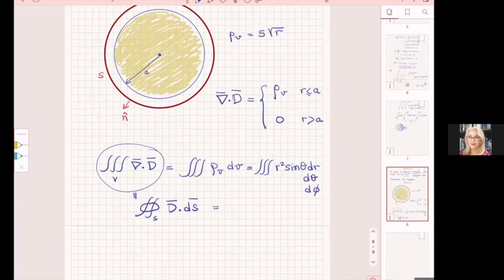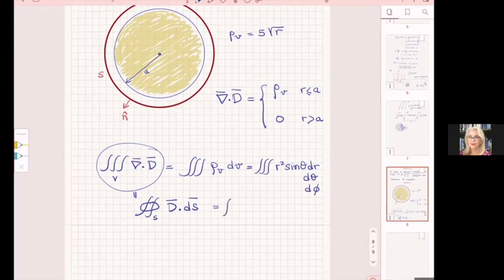And so this is going to be equal to 5 times the integral of r squared dr, and then sine theta dθ from 0 to pi, and then 0 to 2 pi dφ, and r from 0 to alpha.